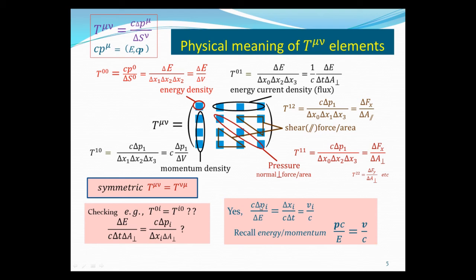So the momentum over the energy is velocity over c. But that's exactly the relation we had before. The momentum times c over energy is v over c. We had used it before. So therefore, this is true, and the energy flux equals the momentum density.